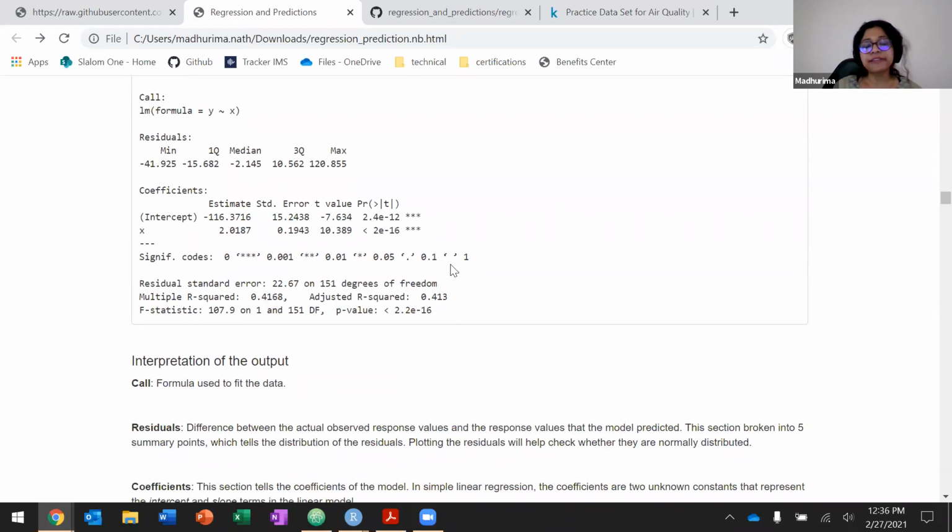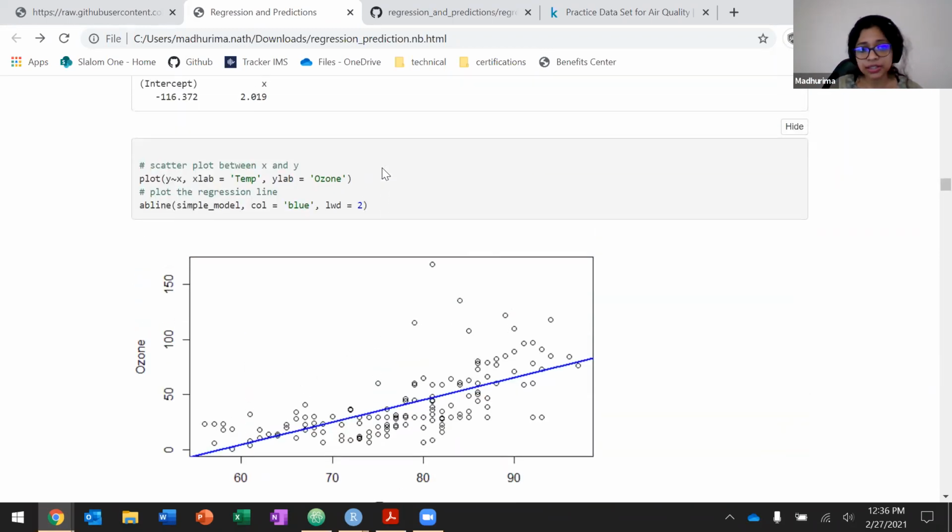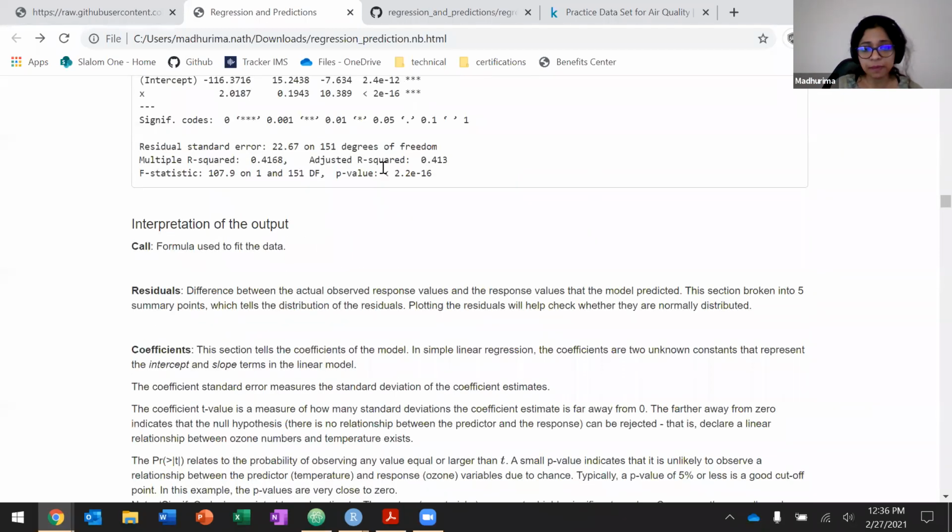But these are different ways of checking how well my model is doing, how good my estimates are, what the error is, and what the distribution of residuals is, reiterating and confirming the assumptions we started with when we did this linear regression.